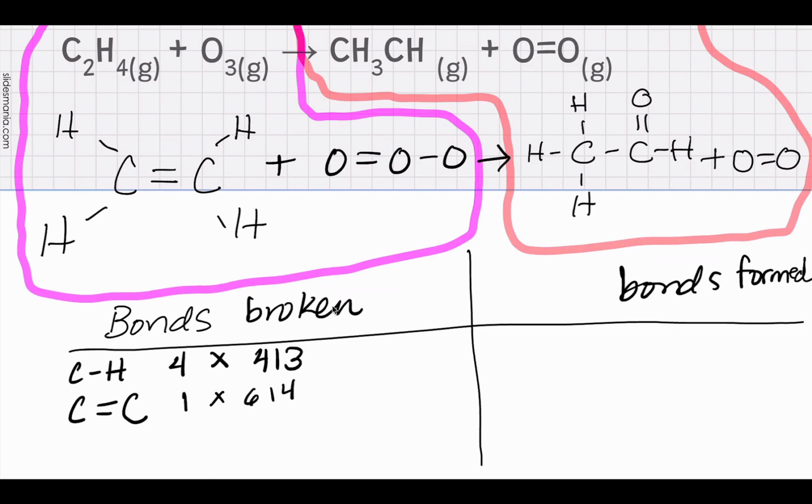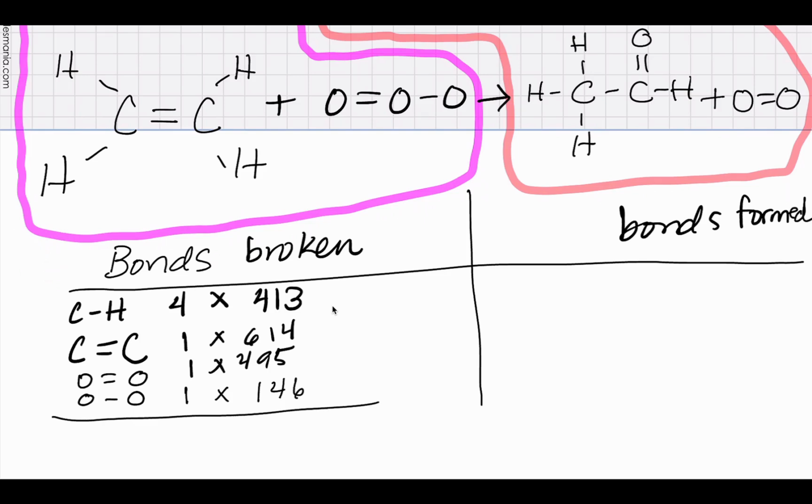In the second structure, we have a double bond and a single bond between the oxygens. So the single bond between the oxygens is 146 kilojoules per mole, and the double bond is 495. So I can add all those up. I'm going to do that with you. Hopefully I don't make a mistake because I did not pre-work this problem. But anyways, so I get 2,907 kilojoules total, the amount of energy required to break the bonds.